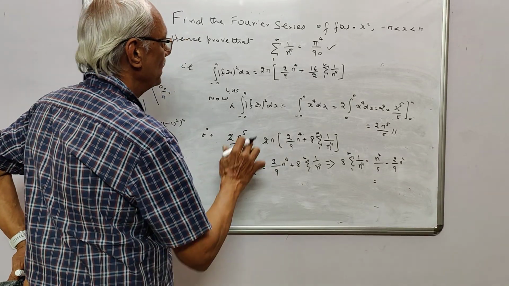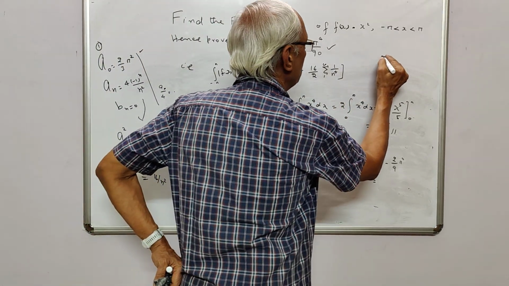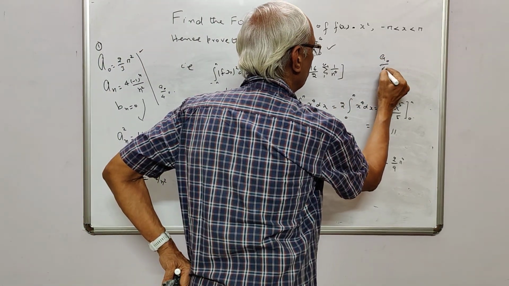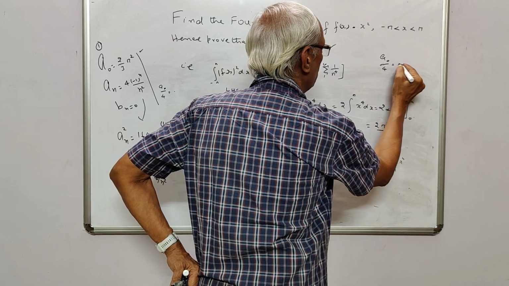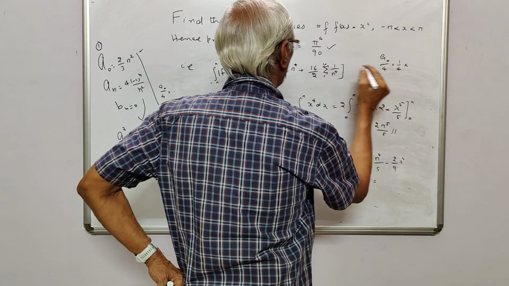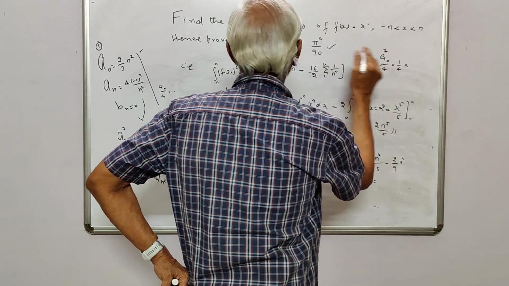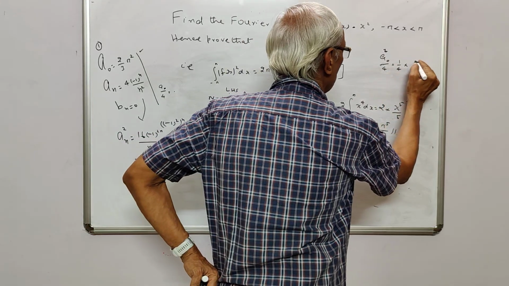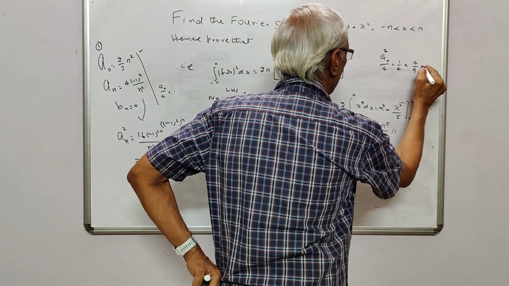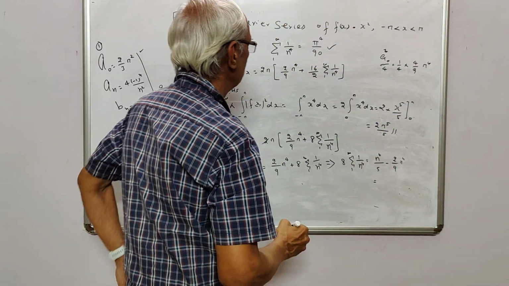It is not that; a naught squared by 4 will be equal to 1 by 4 into a naught squared, which is 4 by 9 π⁴. A small correction is there.